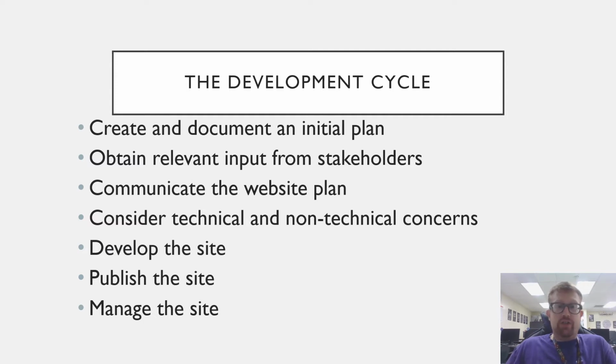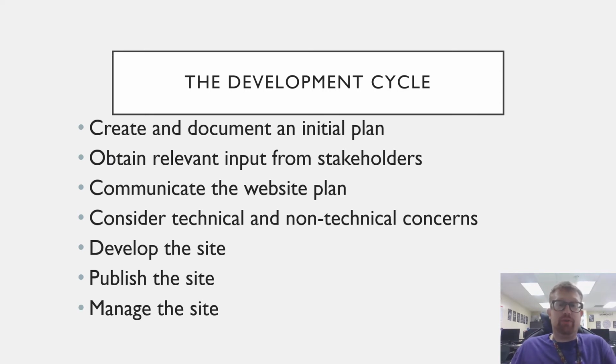The first is to create and document an initial plan. This is where you're going to start thinking about what your website's going to look like, start getting information, all of the stuff that you need to start building up a plan. You want to go in with a plan and know how you're going to build this website from start to finish. This is where you'll do some different sketches and some ideas and all of that good fun stuff.